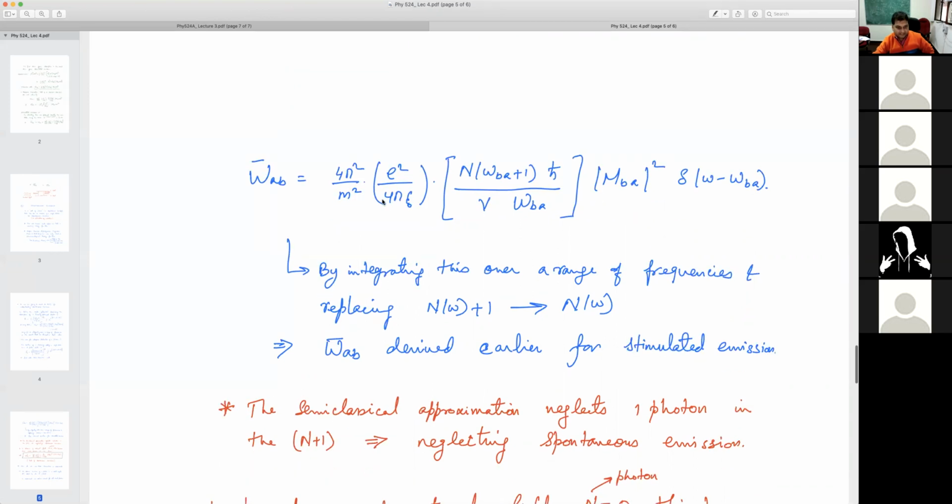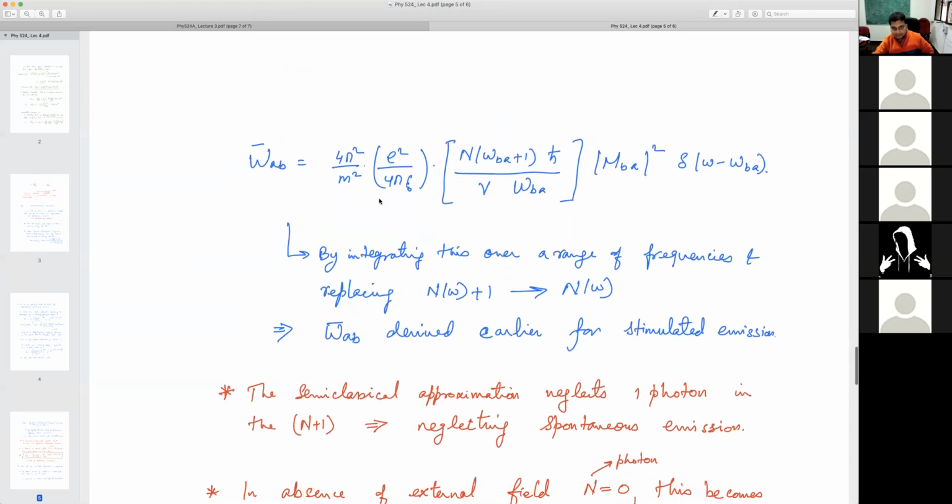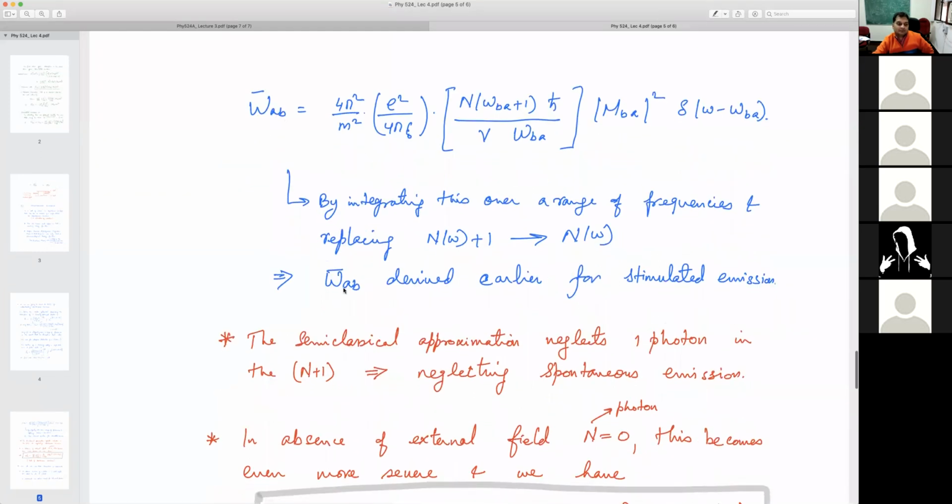I can get the semi-classical transition rate by again doing the same thing: integrating this over a range of frequencies with an envelope for the incident photon, whatever profile I have, and replacing n omega plus 1 by n omega. If I do this, then I'll get the absolutely same transition rate, WAB, which I derived earlier for stimulated emission.